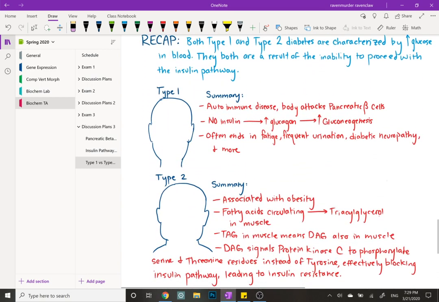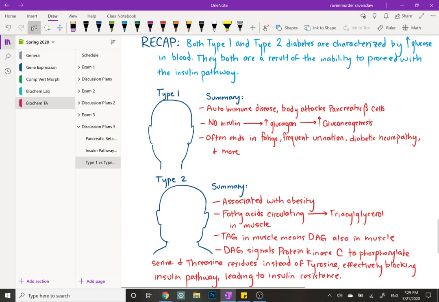So to recap, both type 1 and type 2 diabetes are characterized by high glucose in the blood. They are both a result of the inability to proceed with the insulin pathway. In type 1 diabetes, it is an autoimmune disease where the body attacks the pancreatic beta cells. No insulin in the blood leads to high glucagon, which leads to gluconeogenesis.